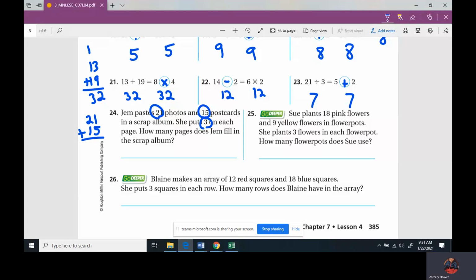Annie, 5 plus 1? 2 plus 1? So we have 36 items, and she puts 3 on each page. How many pages does she do? 12 pages.